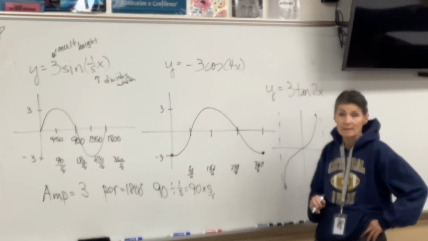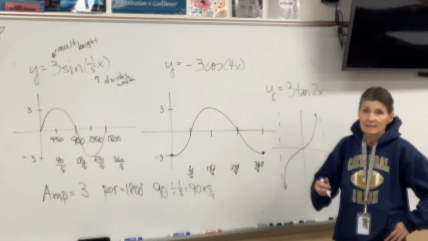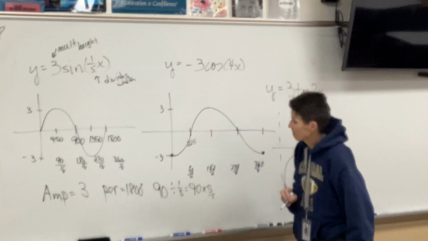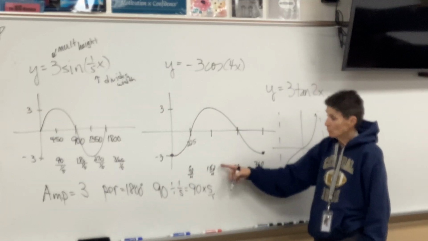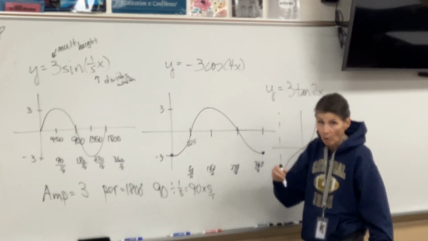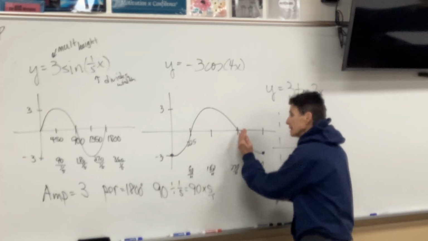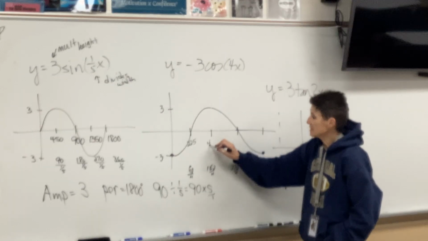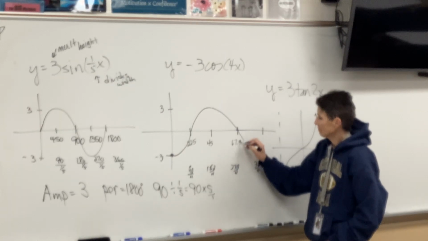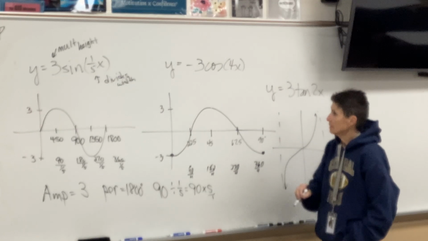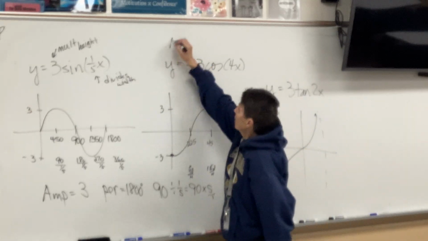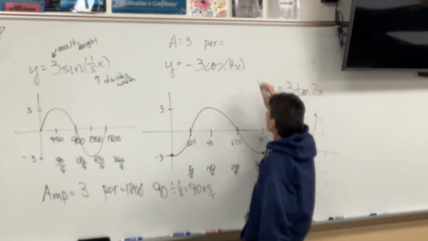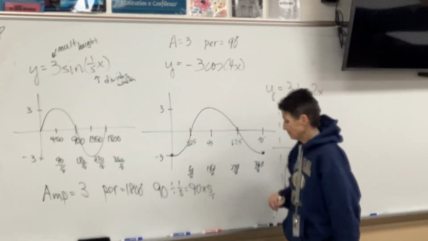I can type that straight into my calculator. 90 divided by 4 is 22 and a half. And then I can do 180 divided by 4, or I can just keep adding 22 and a halves. You're going to get exactly the same numbers. So for this problem, our amplitude is 3, and our period is 90 degrees.